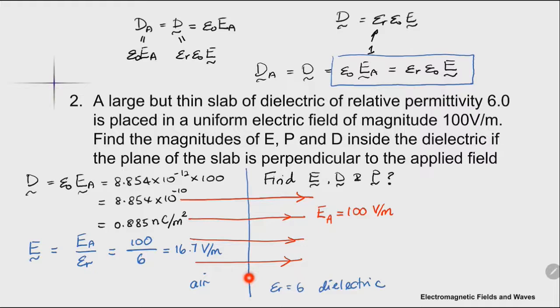So we know what is D, we know what is E in the dielectric. We can work out the polarization.